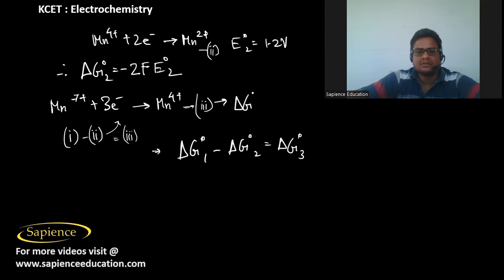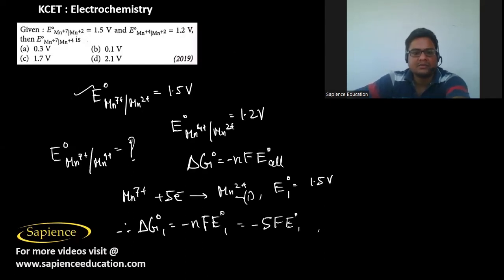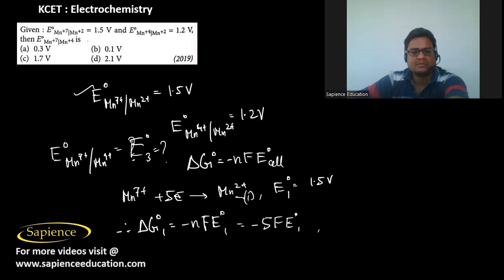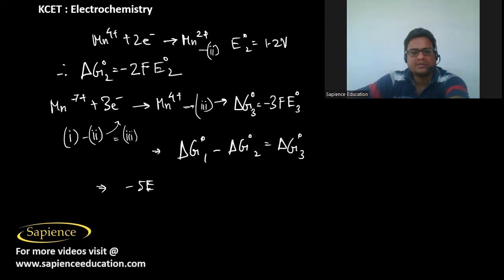Here the delta G naught 3 is equal to minus 3F into E naught 3. Now this E naught 3 only has been asked, which you have to find out, E naught Mn7 plus to Mn4 plus. So therefore delta G naught 1, that is minus 5F E naught 1, minus minus 2F E naught 2, is equal to minus 3F E naught 3.